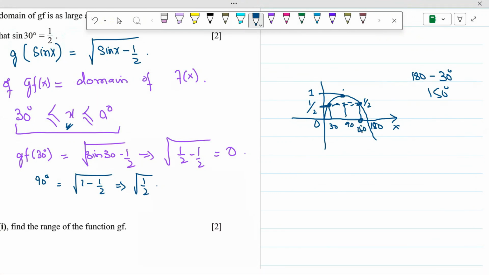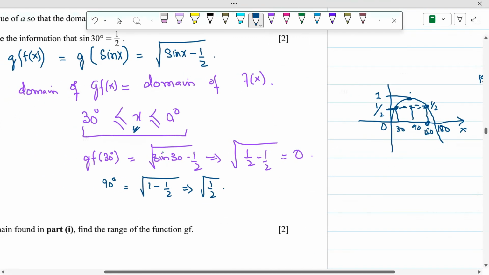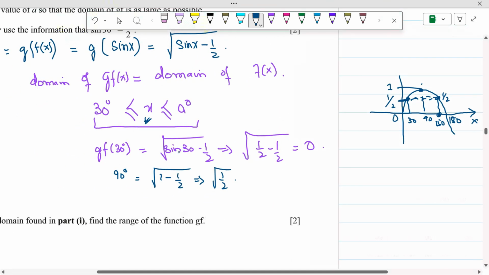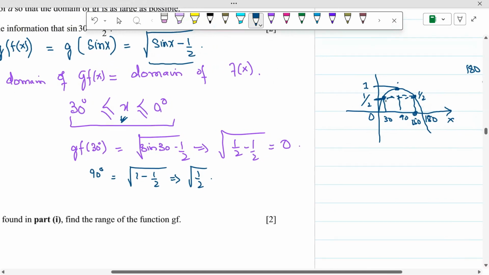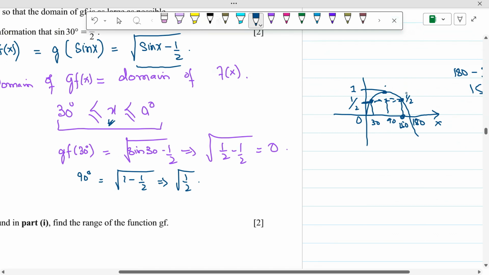If we further increase the value of x after 150, the value of sine of x will be less than half, and when we plug in a value of sine of x less than half, the expression will become negative.